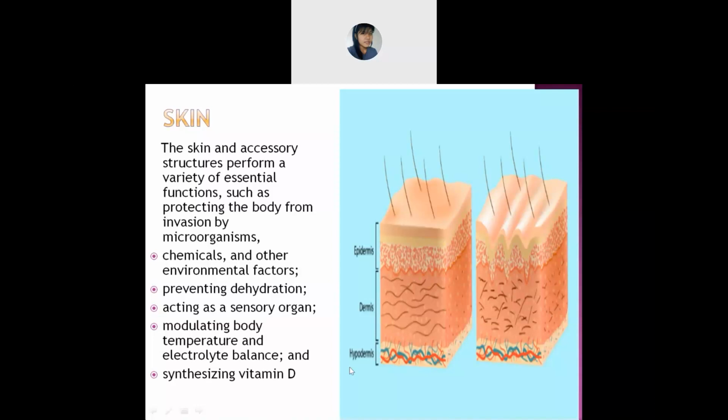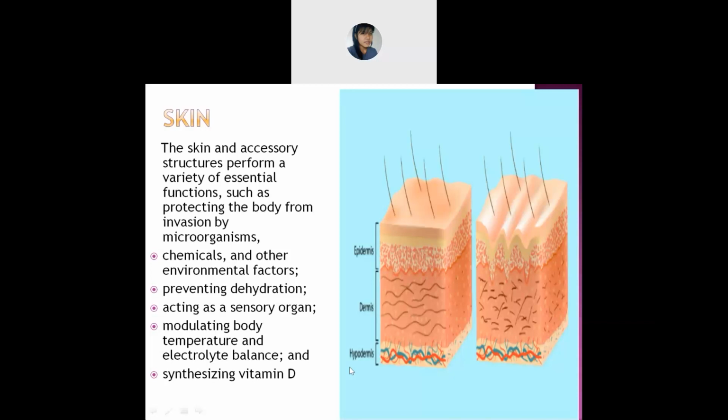And the skin also helps us against chemicals and other environmental factors. Chemicals, for example, petrol, the air, the polluted things, cannot enter inside our body directly. In that way, the skin helps us.